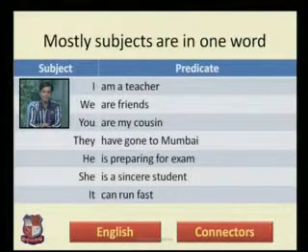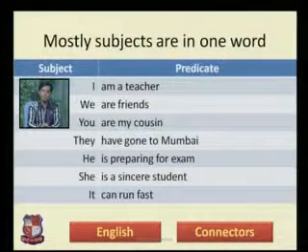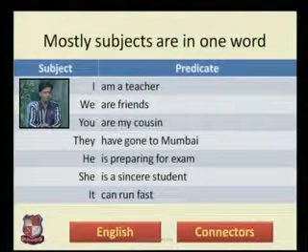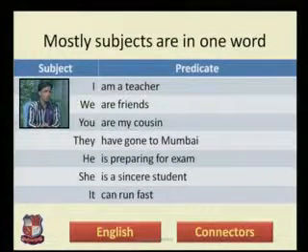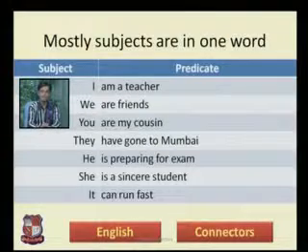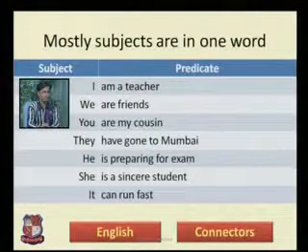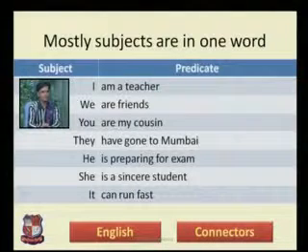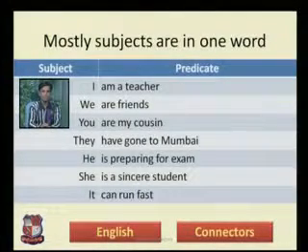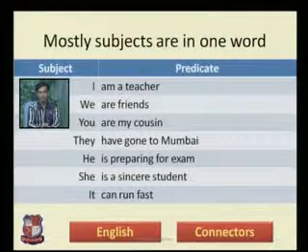In the third sentence, you can see you are my cousin. You is a subject and are my cousin is a predicate. They have gone to Mumbai. They is a subject, have gone to Mumbai becomes the predicate. Similarly, in the next sentence, he is a subject, is preparing for exam is a predicate.